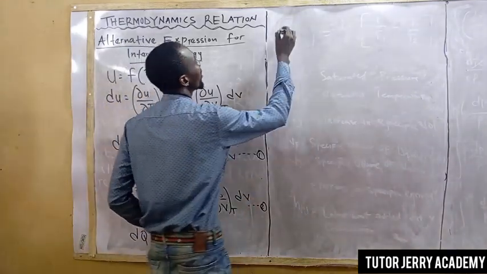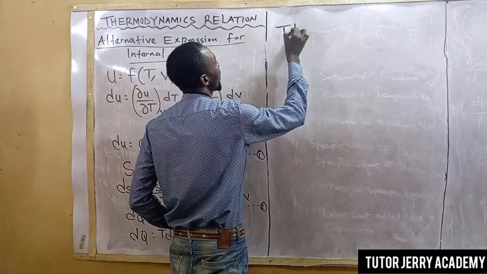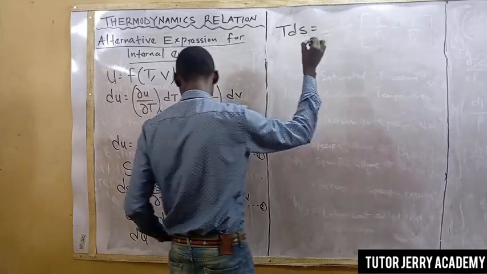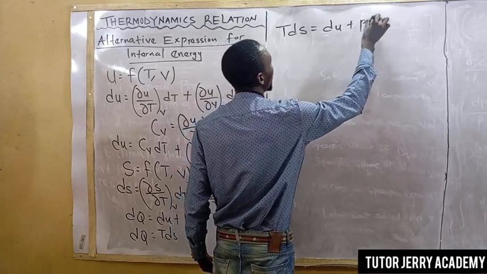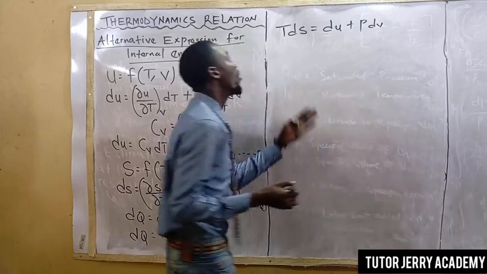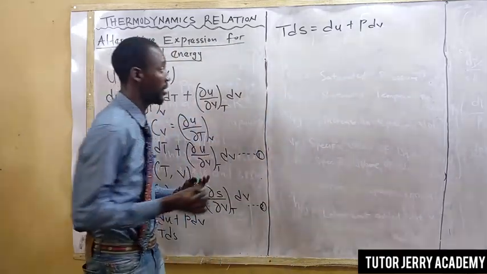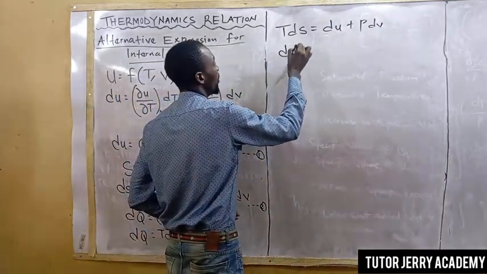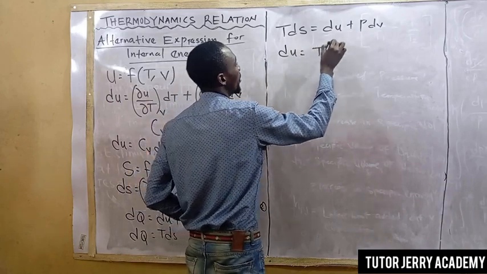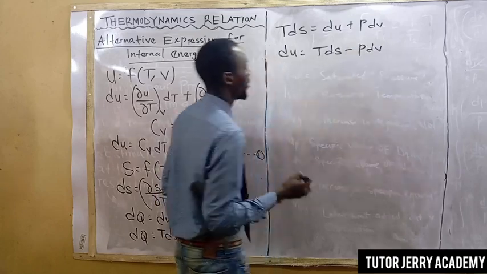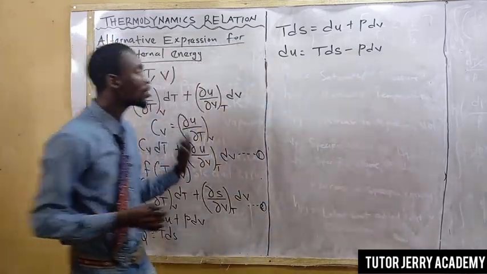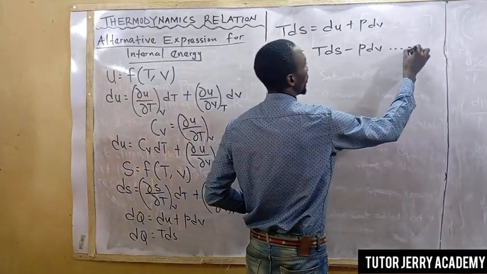If we do that, we can therefore say T dS is equal to dU plus P dV. So we are going to make dU the subject. dU will be equal to T dS minus P dV. All right. So now let's call this equation 3.